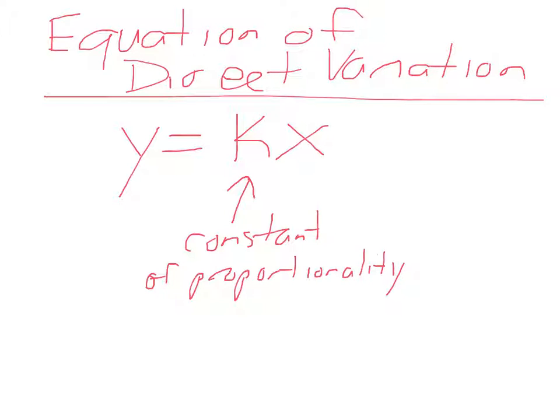So if I gave you the equation y equals 8x, what is the constant of proportionality here? 8. It is also the slope of the line. So if I had graphed y equals 8x, 8 would be the slope, how steep that line is. Simple enough? Yeah. Okay.